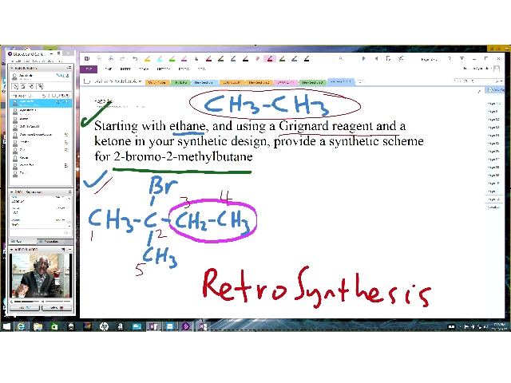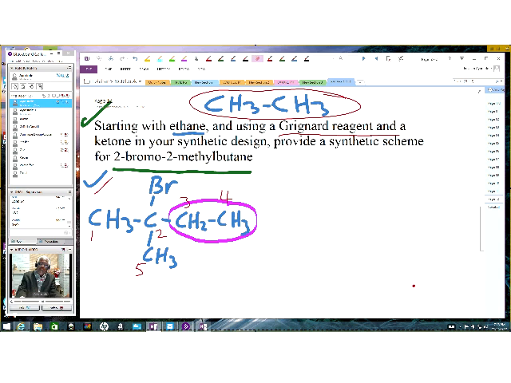So let us do that, keeping in mind that we have to start with ethane, and we also have to use a Grignard reagent, and we also have to use a ketone. I need your help to do this.